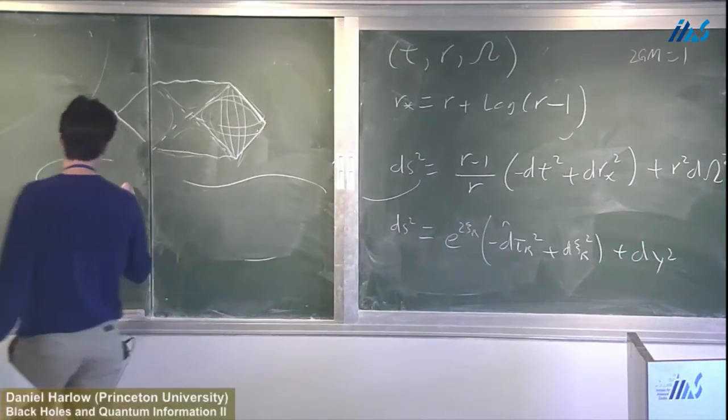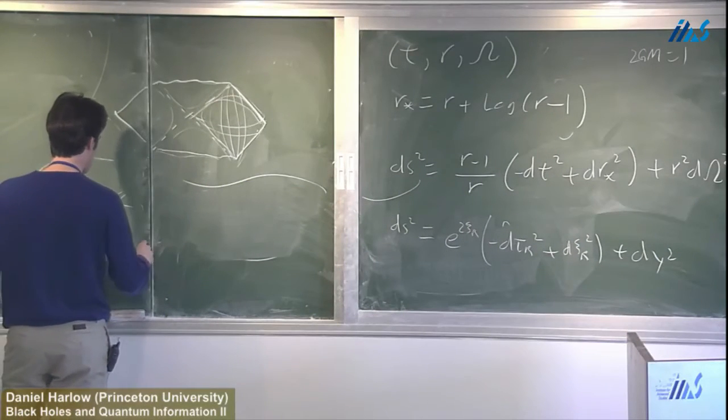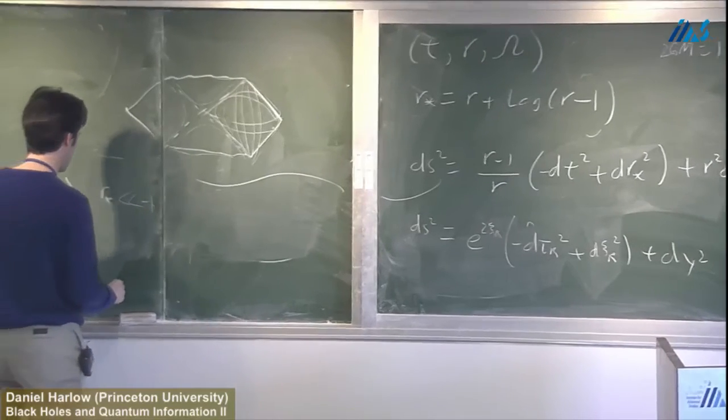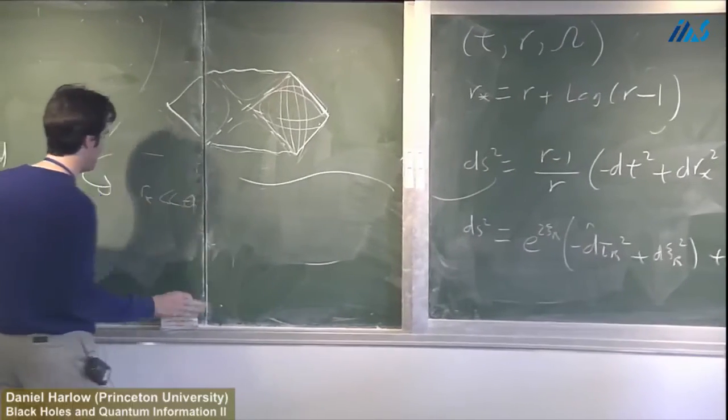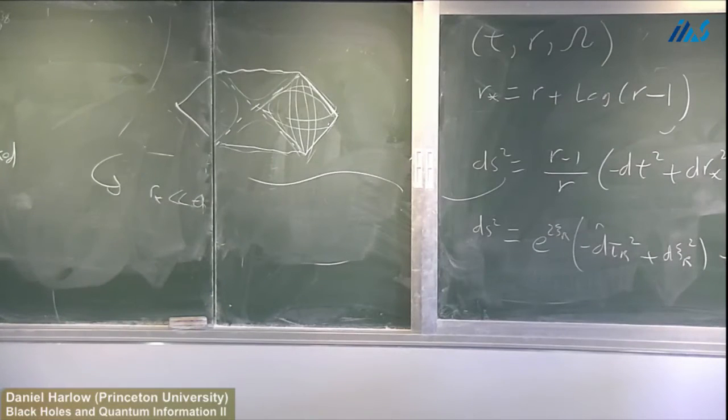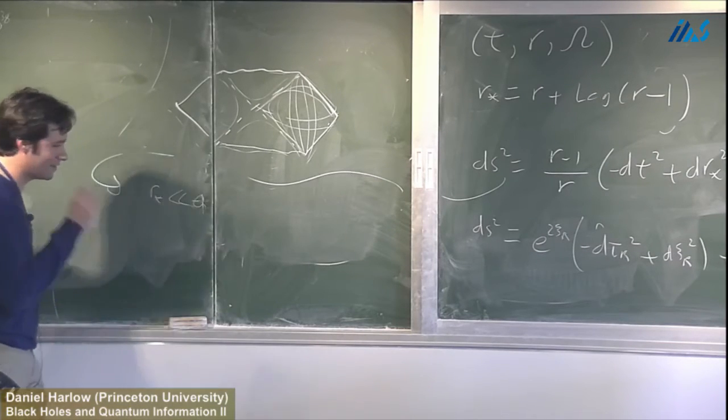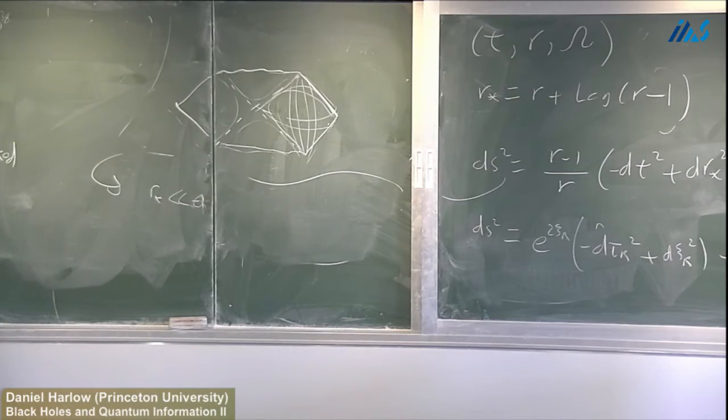And indeed for r star much less than 0, I mean, it just means very negative. It's not a statement about the absolute value being small. r star is large and negative.